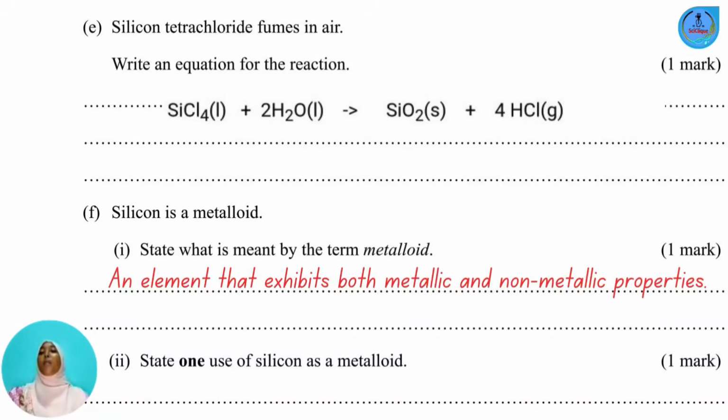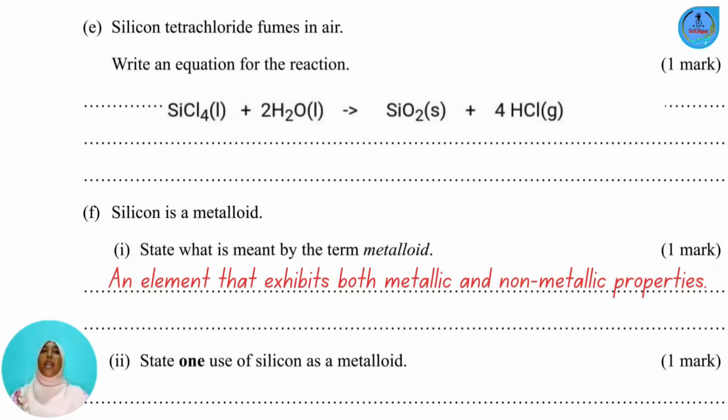Okay, let's discuss this a bit. Now, silicon is classified as a metalloid because its physical and chemical properties fall between those of metals and non-metals. It has properties similar to metals, and it also has properties that are similar to those of non-metals. So, it's just called a metalloid. Iko hapo katikati.